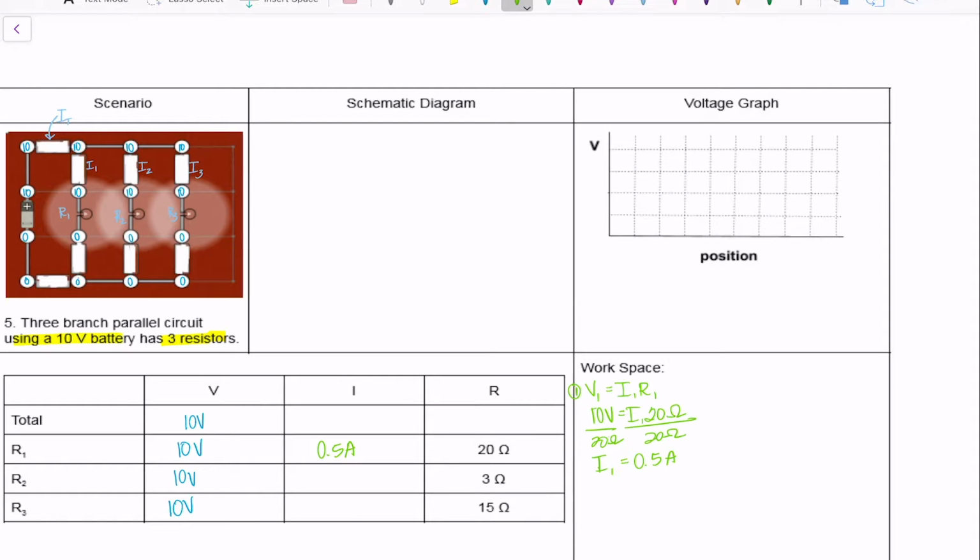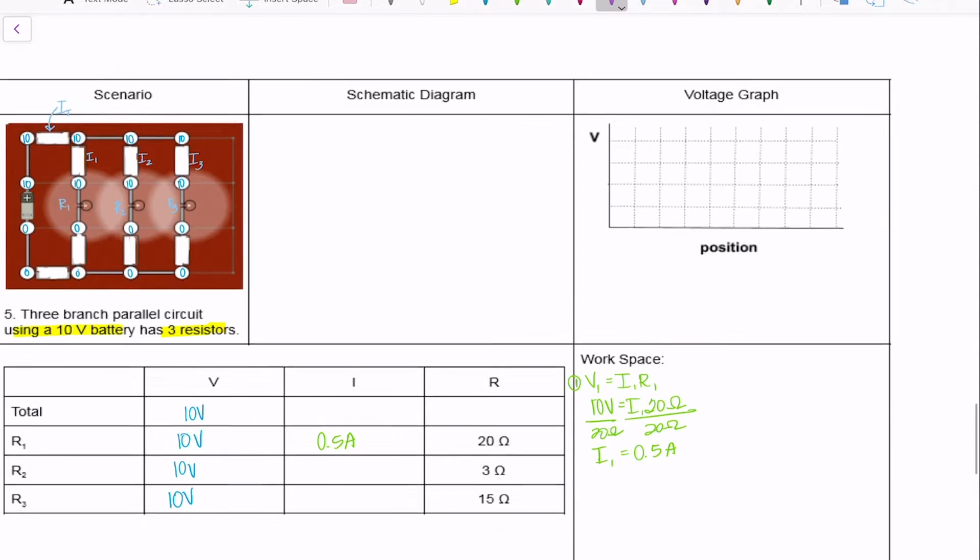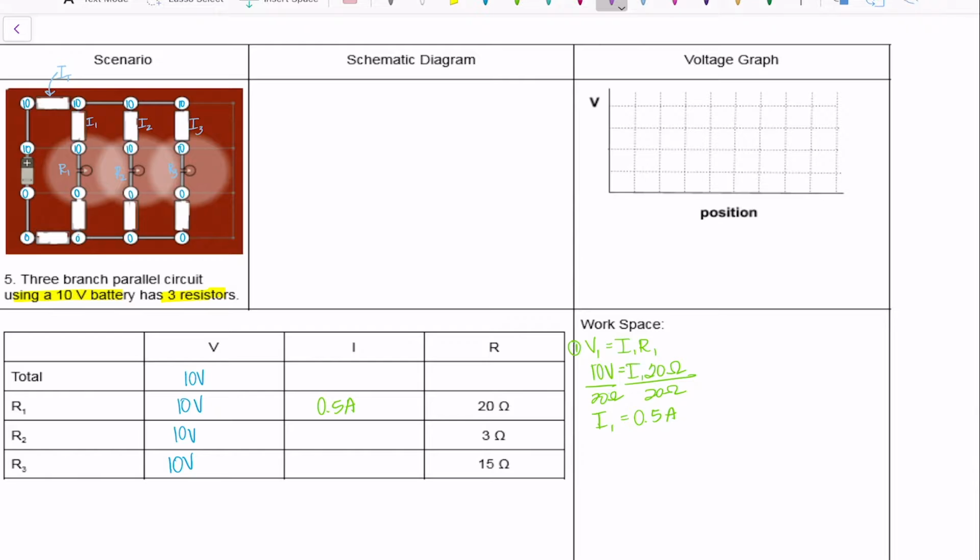All right, so next for branch 2, we use the same rule. 10 volts is equal to some number we don't know yet times 3 ohms. We divide by 3 ohms on both sides, and we get that the branch 2 current is equal to 3.3 repeating amps.